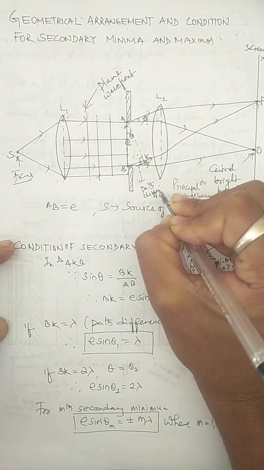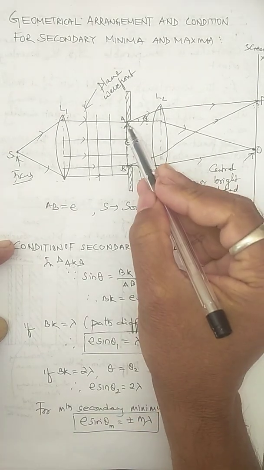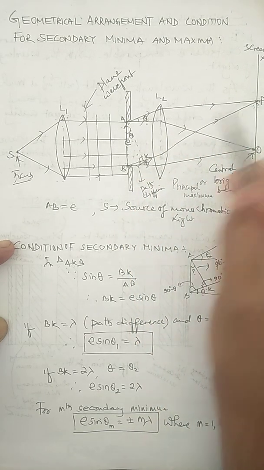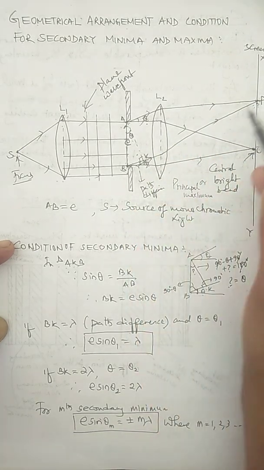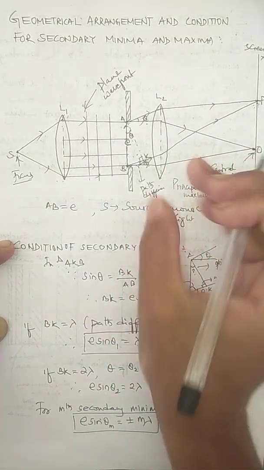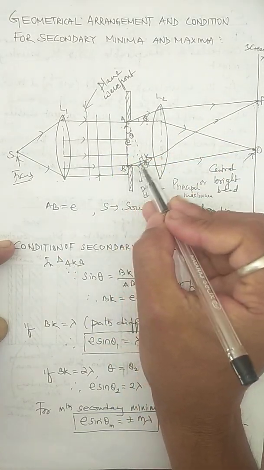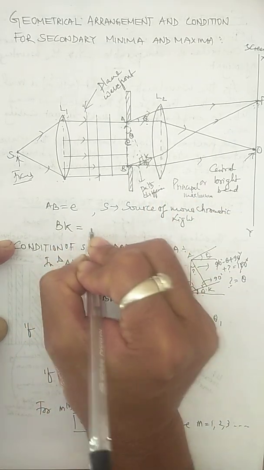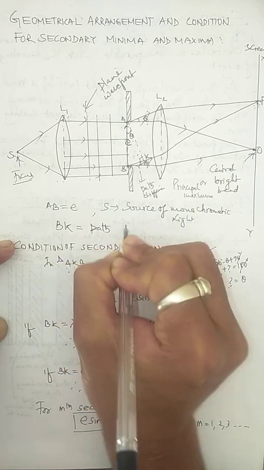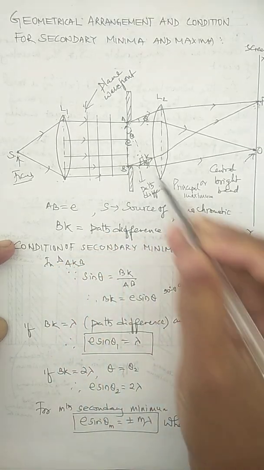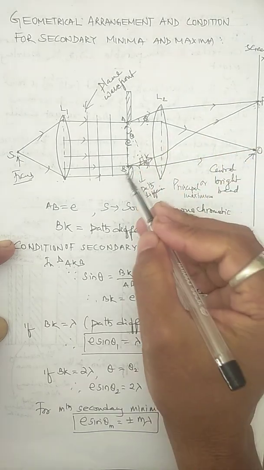Because the second wavelet from A reaches P, and the other wavelet also reaches P, but with a difference in the path or the distance. And that difference in distance is measured by this BK. That's why BK is the path difference for the wave reaching from A to P and B to P.